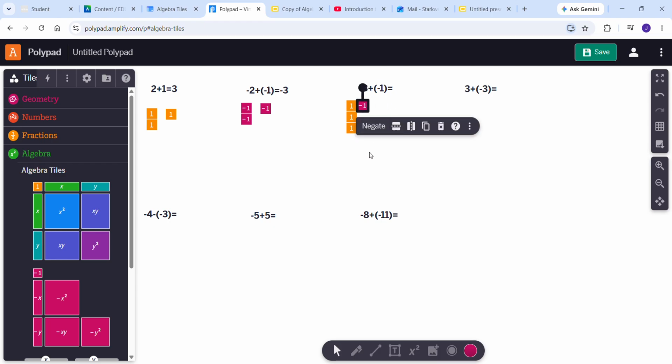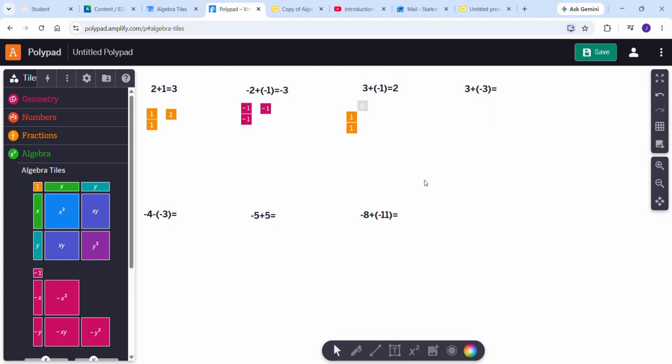Now in this one, we have a unique situation here. We have a 0 pair. So with this particular program that I really enjoy using, I can go like this and go boop, 0, because the positive cancels out a negative. So that's called a 0 pair. So the answer then is 1, 2. Positive 2.